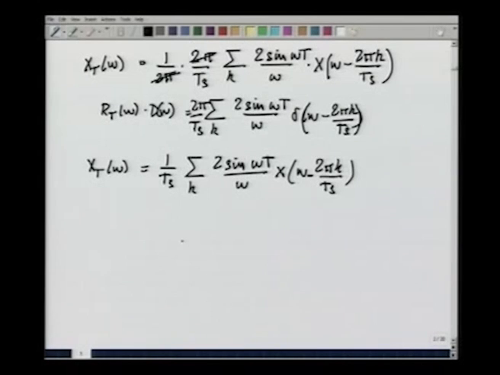Now, this gives all the aliases of X_T omega, but in the process of reconstruction or retrieval we will get rid of all except the central alias.